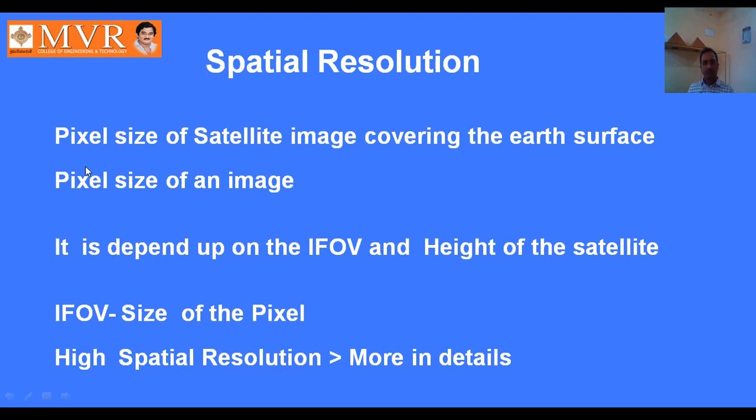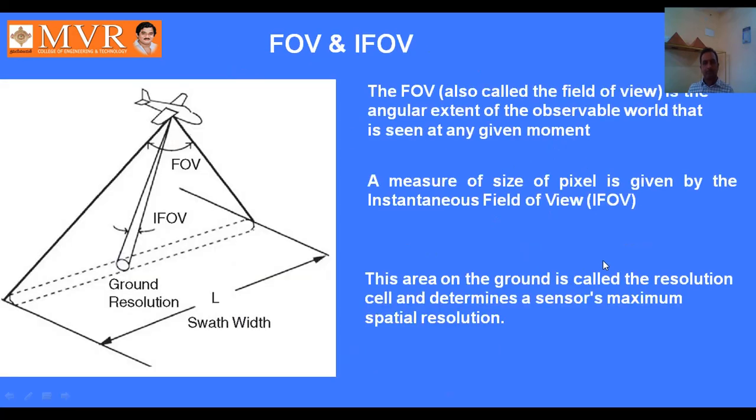As the satellite passes along the flight direction, the sensor scans the earth surface, rotating from one end to the other end, scanning the incident radiation.